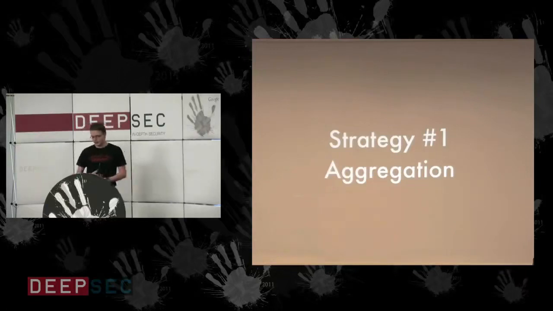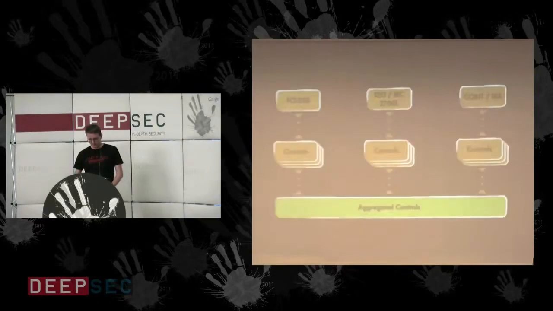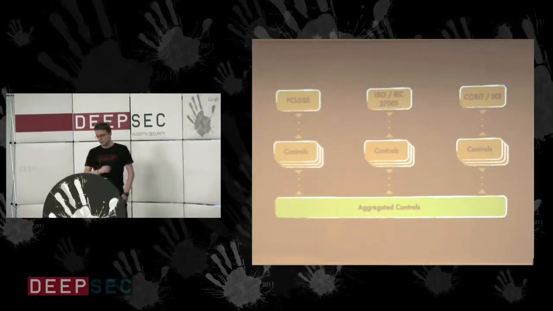So first we thought about a data model, and right at the beginning it was quite clear that we had to work with aggregation, or you could also call it deduplication. On this slide, on the top, these are just examples, there could be many more.